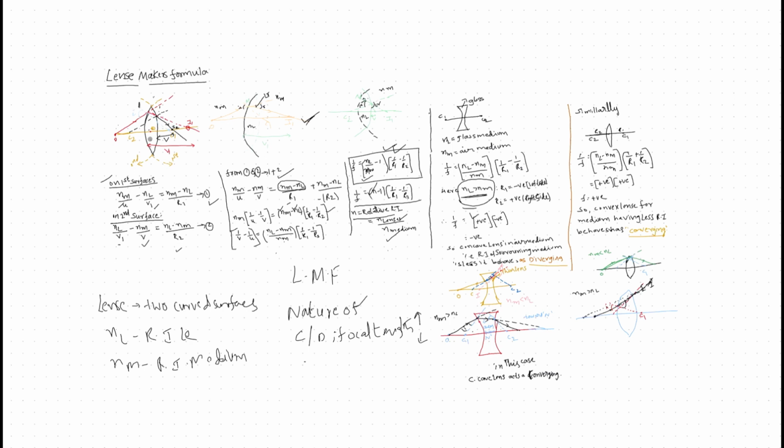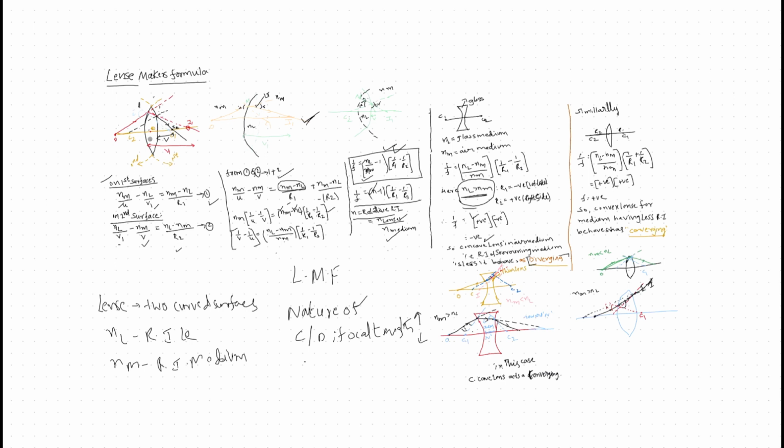Therefore, in the place of R1 you write negative, and taking the negative common, negative and positive, the negative will count. So in the medium where the refractive index of the lens is more than the surrounding medium, the concave lens behaves like a diverging lens.